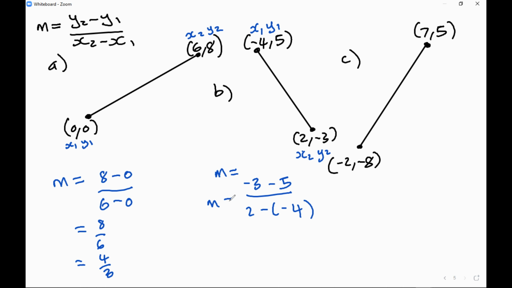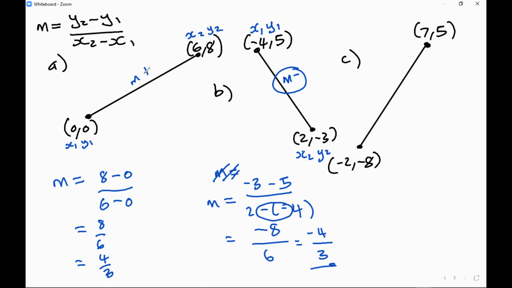All right, you can see that. And that'll become negative 8. Just remember, 2 negatives become a positive. So 2 plus 4, which is going to get me 6. And that's going to become negative 4 over 3, and rightly so, it's going in the negative direction. So m is negative here, and m is positive before, because it's going in the positive direction.